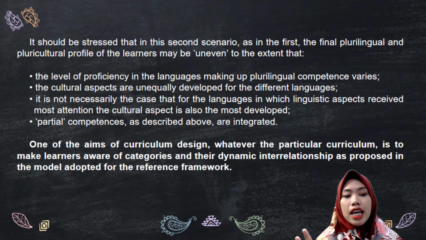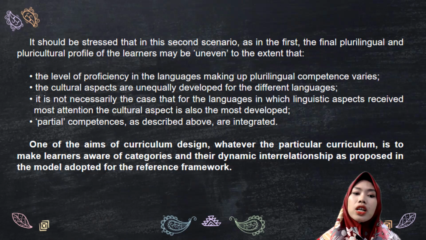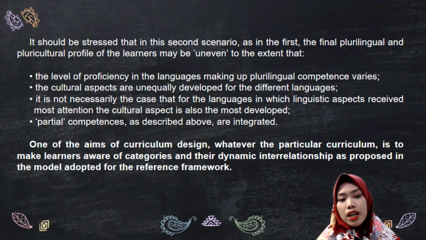The third is that it's not necessarily the case that for the languages in which linguistic aspects received most attention, the cultural aspect is also the most developed. And the last is that partial competencies, as described above, are integrated.